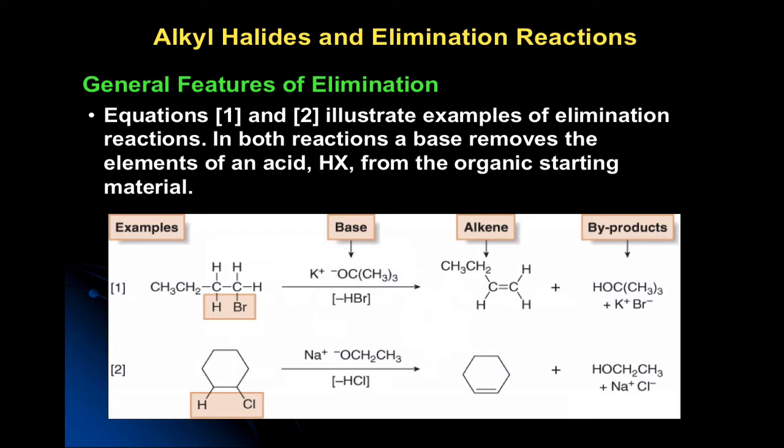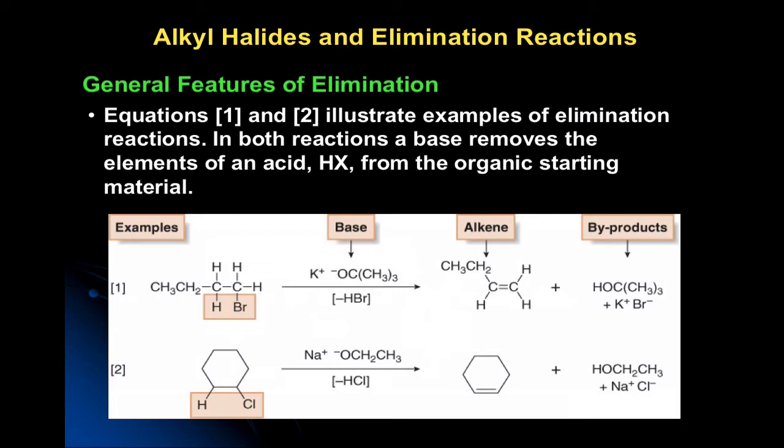Here we're using a base that also could function as a nucleophile because it's not terribly bulky. This is sodium ethoxide. But depending on the conditions, you can actually make this undergo elimination over substitution. Something you should know is that typically higher temperatures favor elimination over substitution.